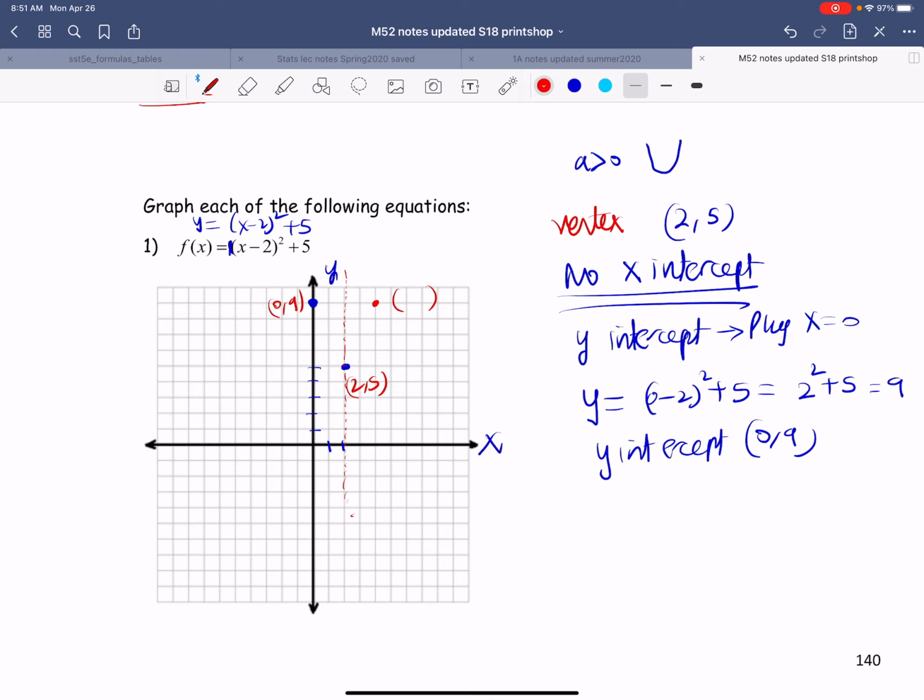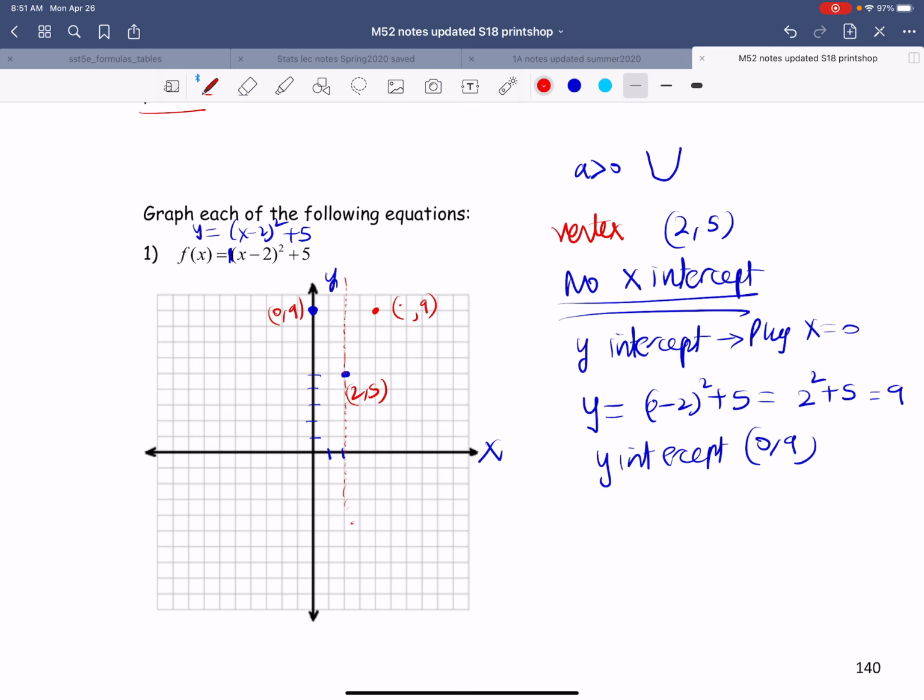The x value is going to change, but the y value will be the same. Well, x equals 2 is exactly in the middle. So x equals 0, using the symmetry, will be x equals 4. So (4, 9) will be the other point. And now it's time to connect the dots. And here's our parabola opening up for this equation.